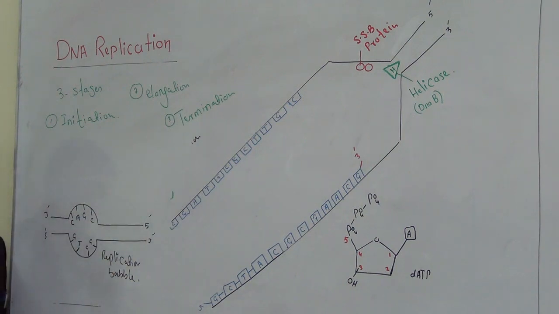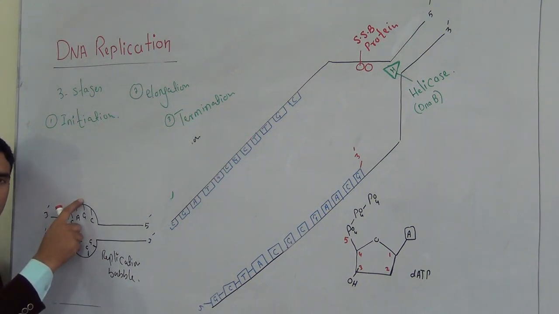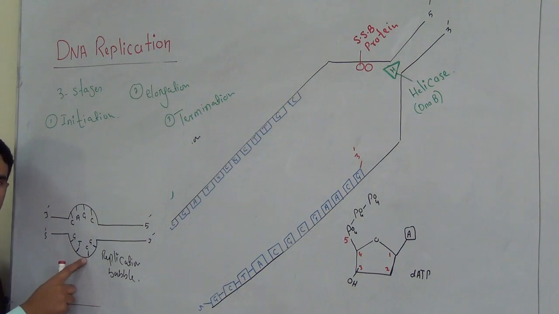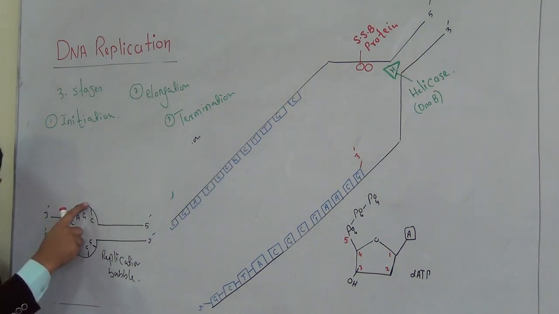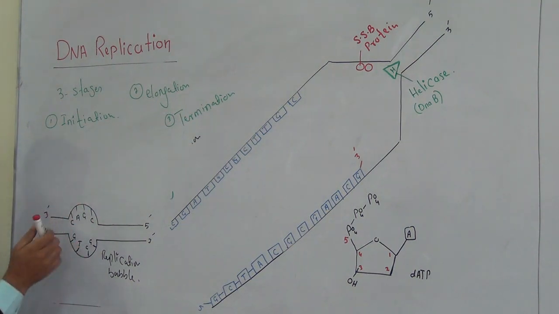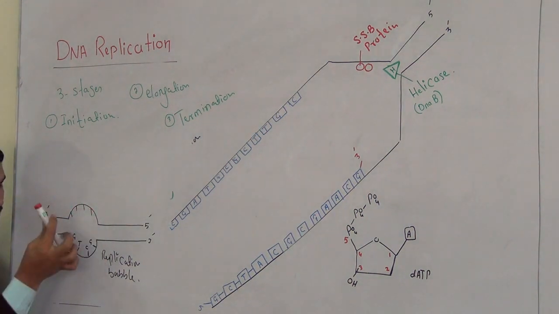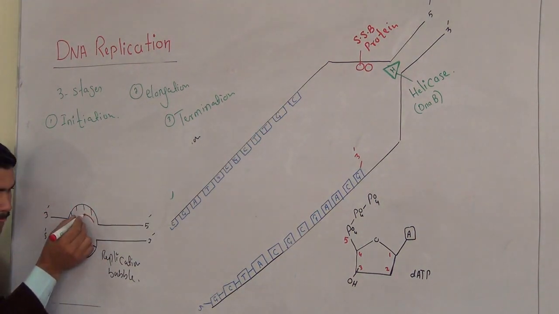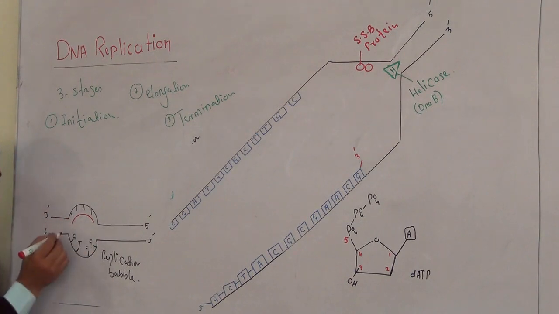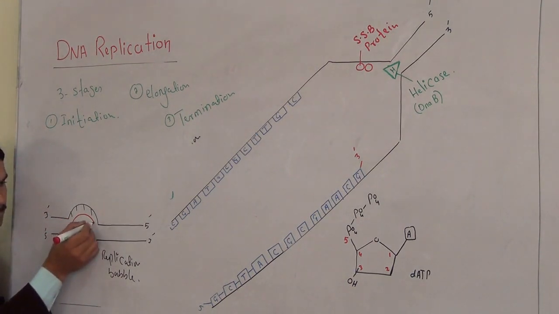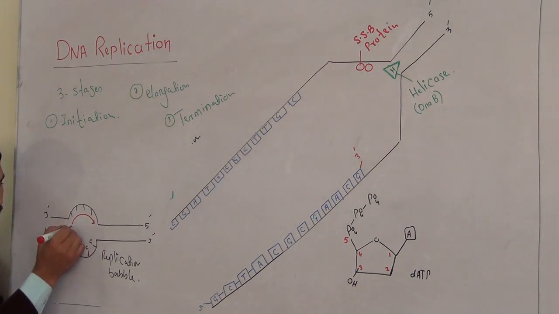What will happen? As I already told you, one strand acts as a template and the other strand will also act as a template. One strand will act as a template to make another strand. So how will another strand be synthesized? Here like this. This will be the new strand in the 5 to 3 direction.